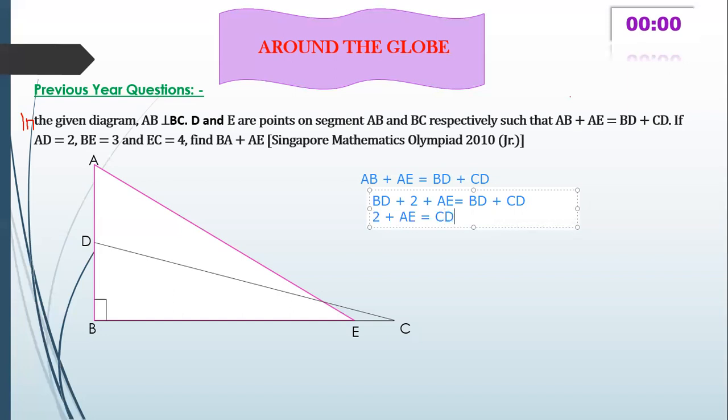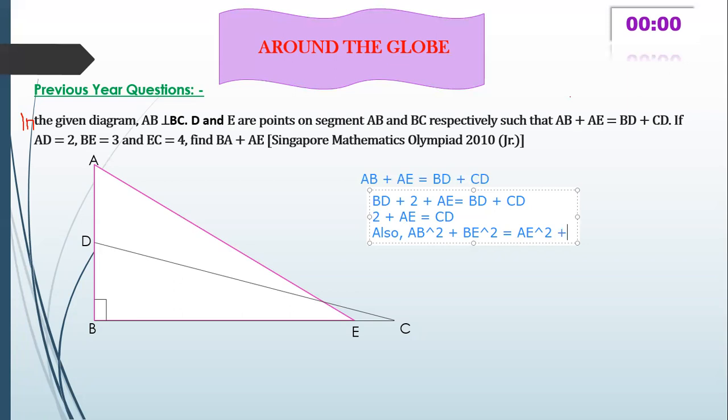Also, you can find, I'm preparing the detailed solution only, AB square plus BE square. See the triangles very carefully. AB square plus BE square equal to AE squared.